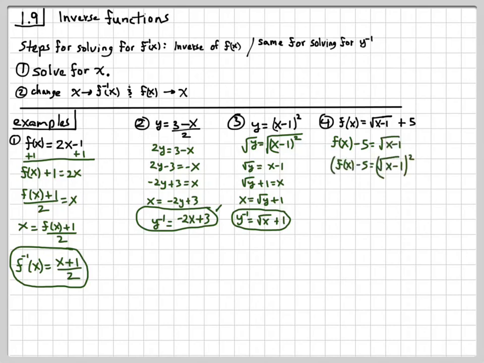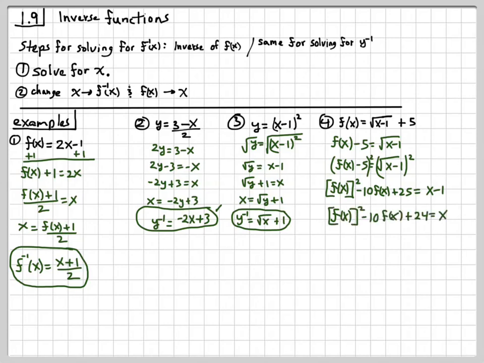Then I get rid of the square root by squaring both sides, and in this case I FOIL on the left side. So after you FOIL, you get this expression, quantity f of x squared minus 10 f of x plus 25. On the right side, the square root cancels with the squaring, and I get x minus 1.